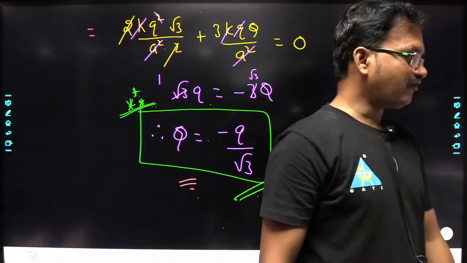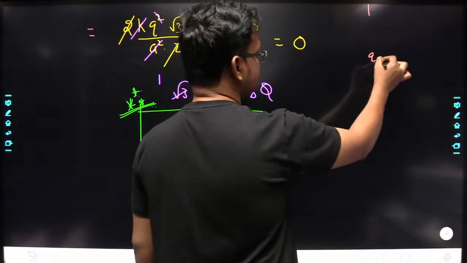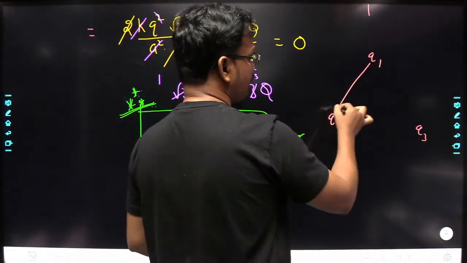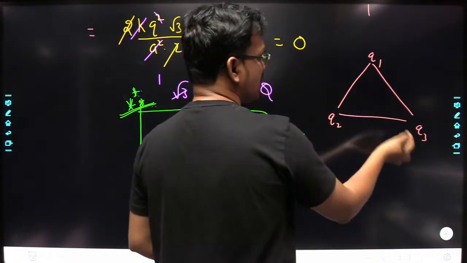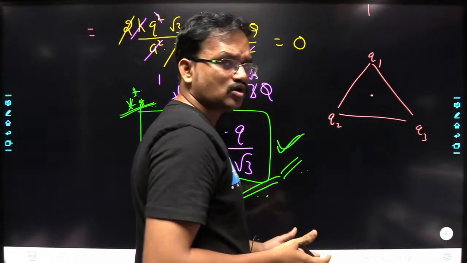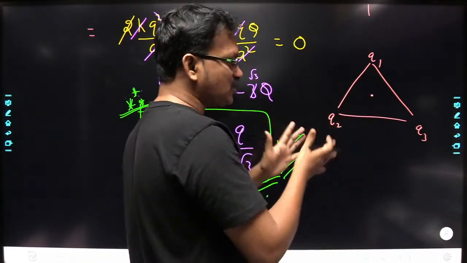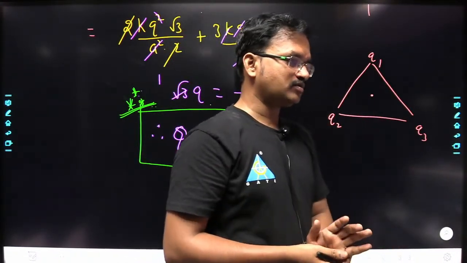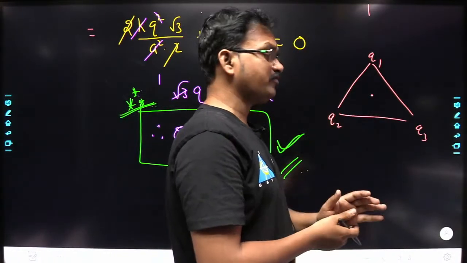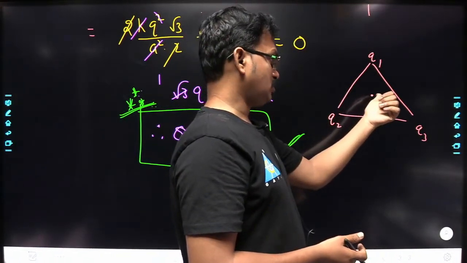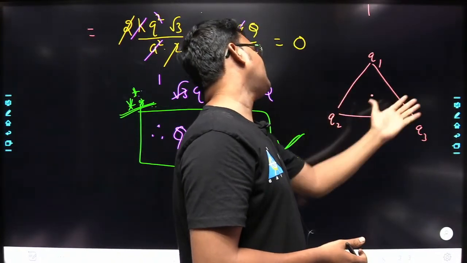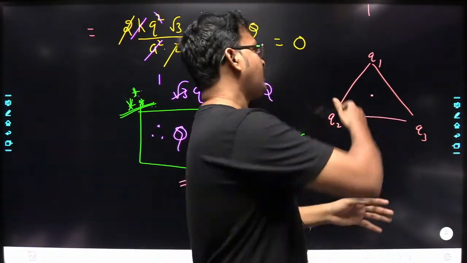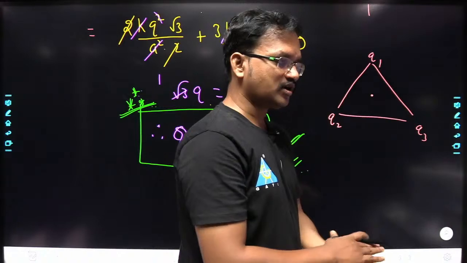Generally, whatever may be the charges, let us say here Q1, here Q2, here Q3, if you take different charges, then the net force exactly at the center cannot be equal to 0. For all the charge configurations, it is not possible for the system to stay in equilibrium. Understood?